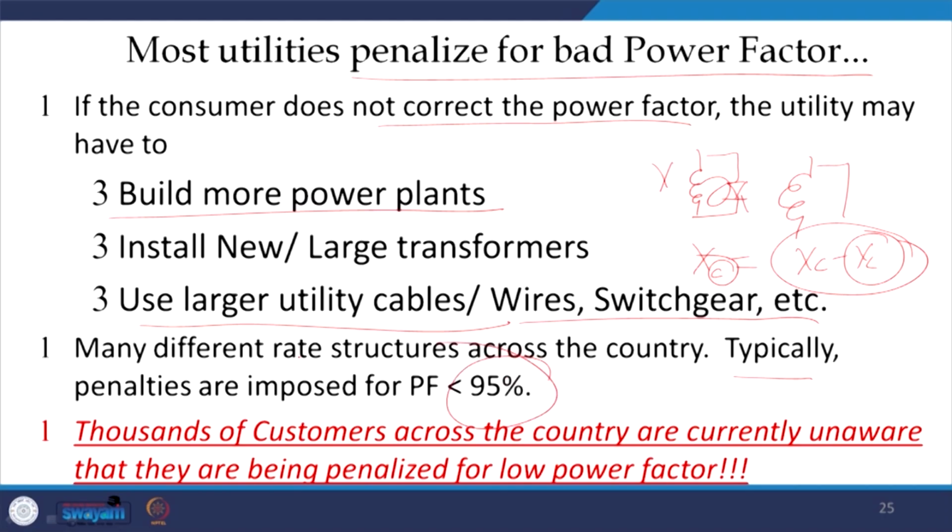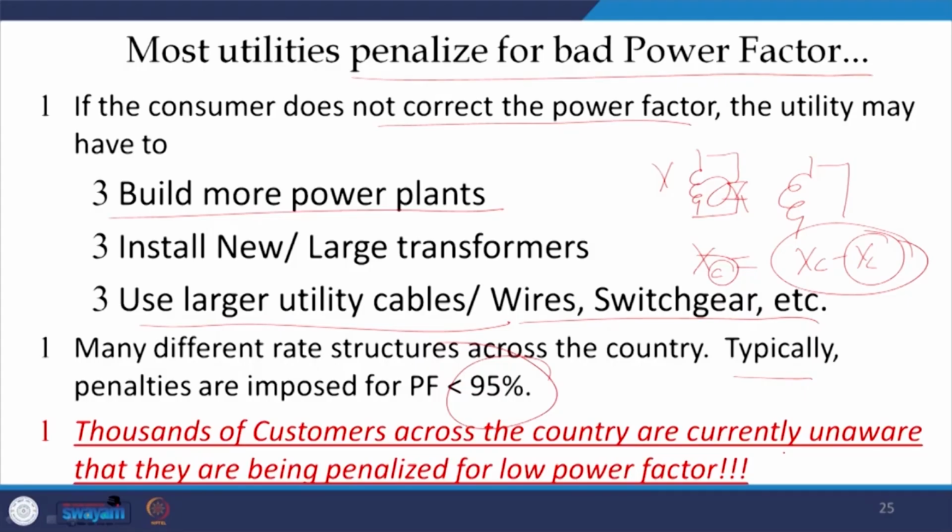Thousands of customers across the country are unaware that they are being penalized because of the low power factor, and ultimately we are coming to the commercialization of it, and nowadays prepaid meters to reduce theft and other issues. So, you may not be aware that your current bill is inflated because of the low power factor.